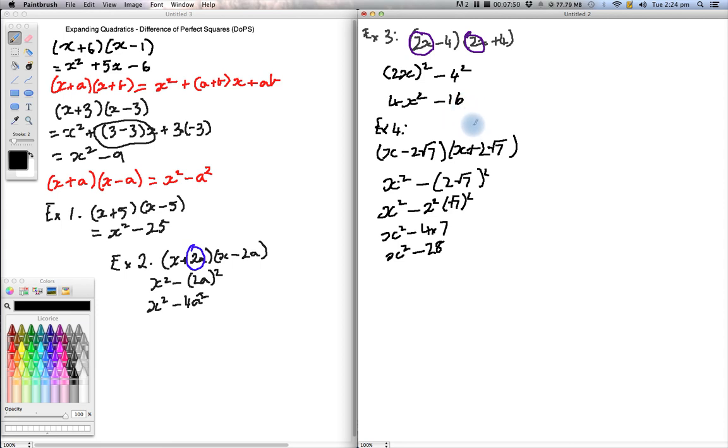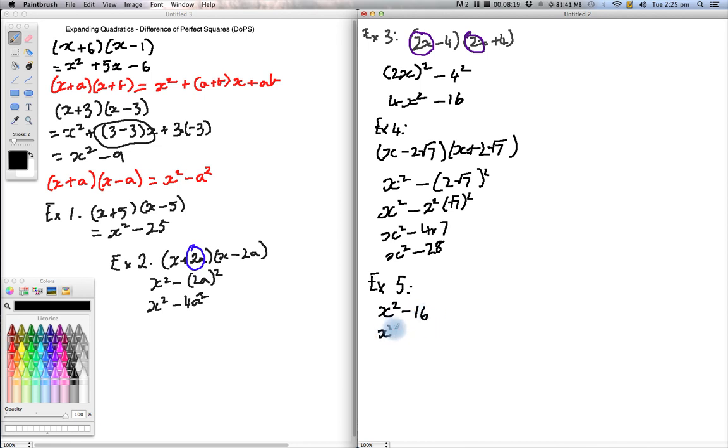Just as a little taster for next time, you can also go backwards. This is getting a bit ahead of ourselves, but let's do it anyway. Suppose we wanted to factorize, so go the other way and put brackets in, and we had x squared minus 16.